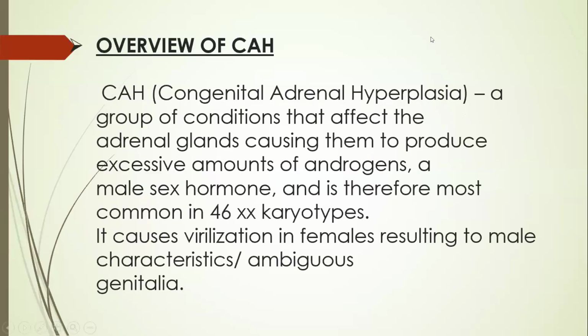And this causes them to have ambiguous genitalia, and this is the reason why they land in our mental health department, because of the implications that we have to deal with, where, for example, a female child or a young girl is presenting with ambiguous genitalia.